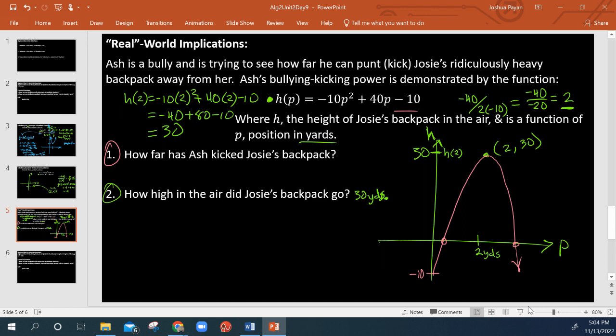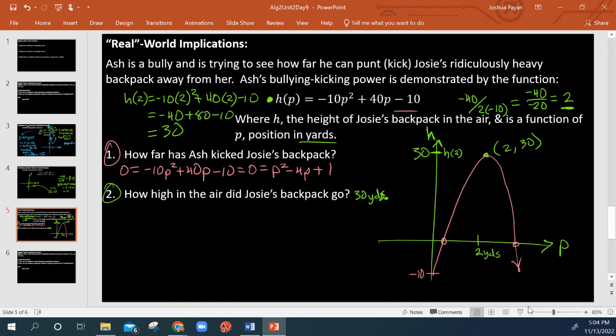Okay, so we can easily figure that out by just setting this equal to 0: 0 equals negative 10 p squared plus 40 p minus 10. I can divide this entire equation by negative 10, we'll say. So again, I can say 0 equals just p squared minus 4p plus 1, right?